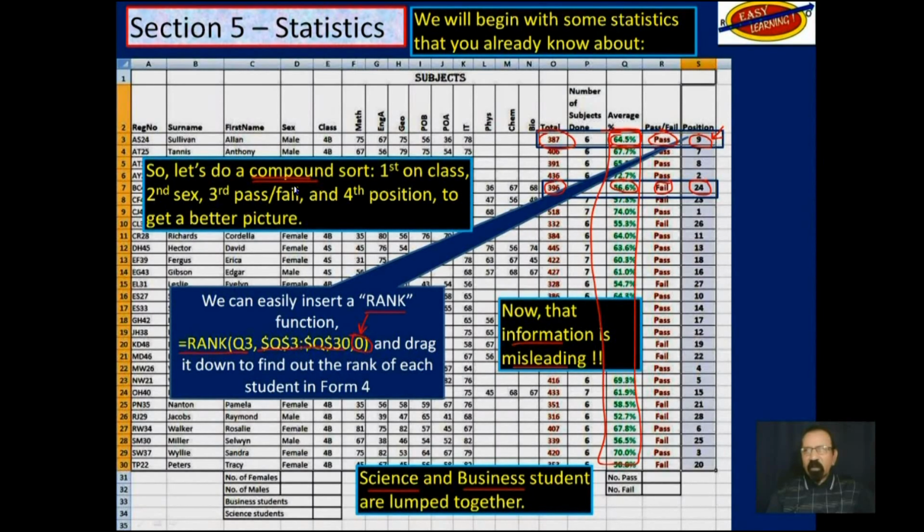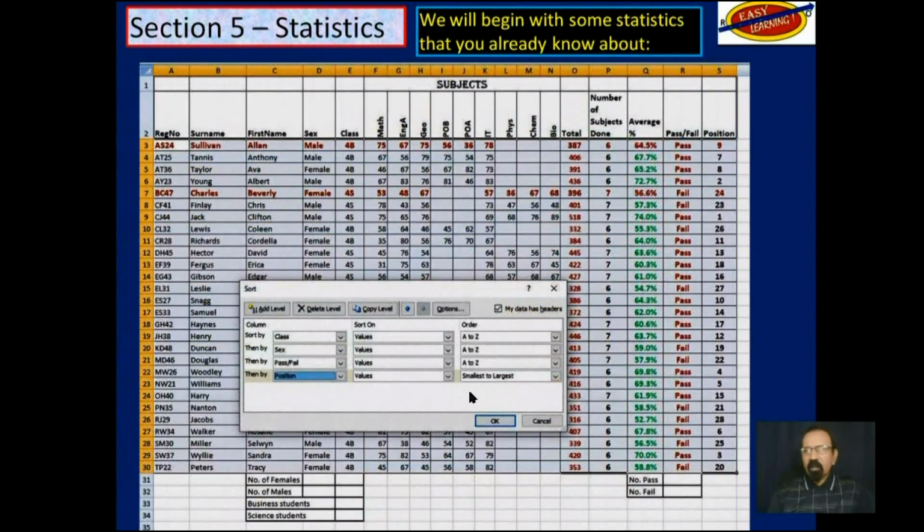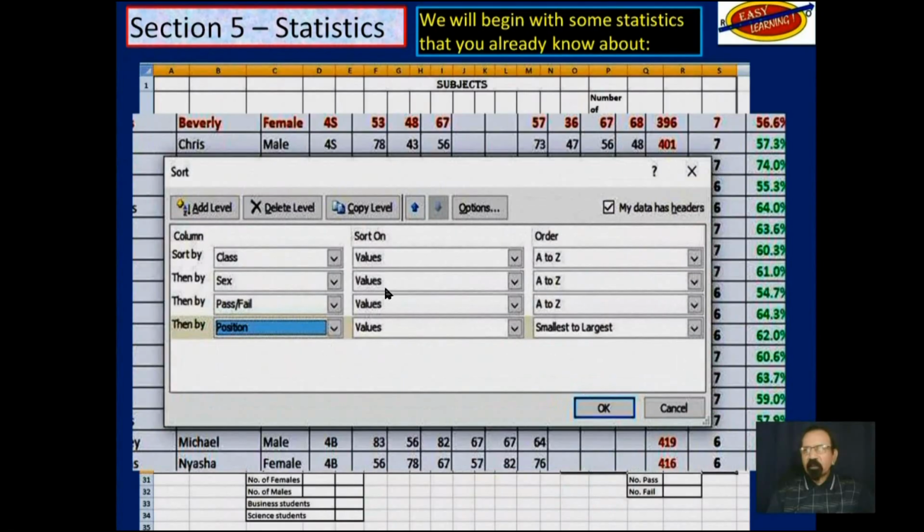Before we can do that, we will have to do a sort, separating out the students in class, but we are doing a compound sort, and then secondly by sex, third by pass or fail, and fourth by position, to get a better picture of what has happened in this class. So this is the compound sort, first by class, then sex, then pass or fail, and then by position.